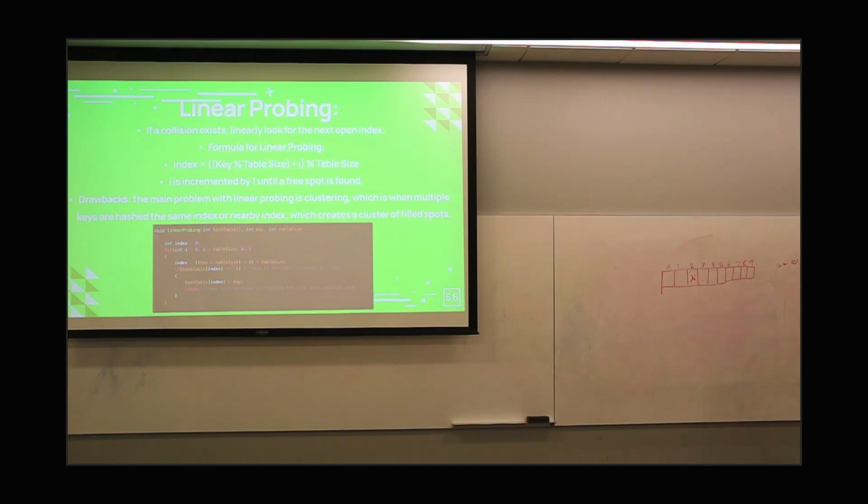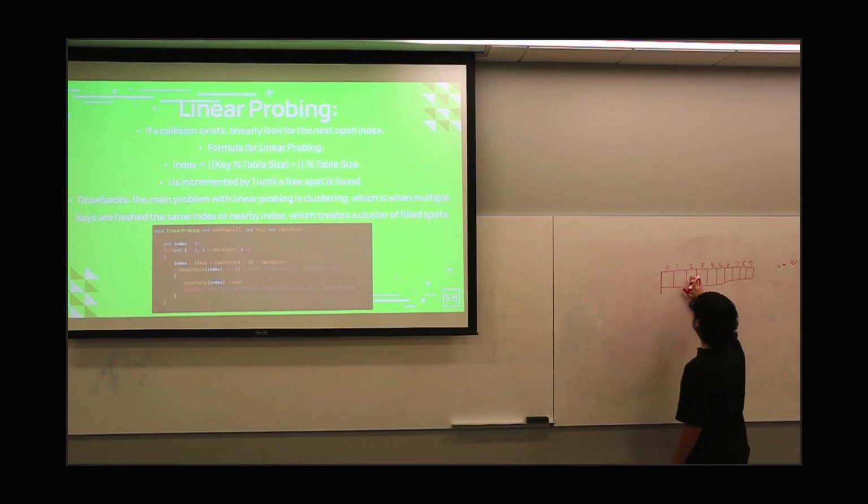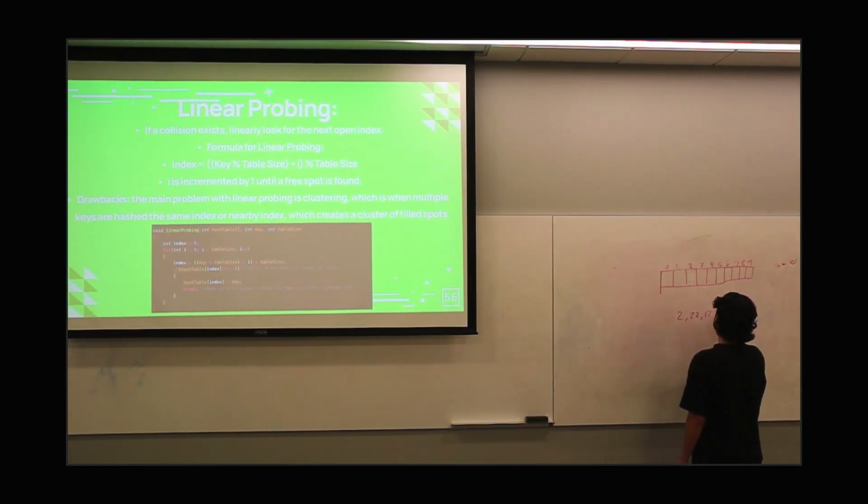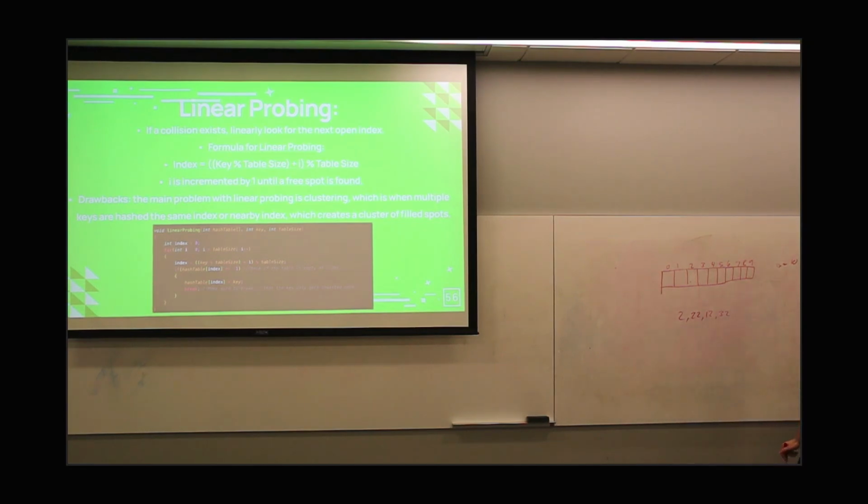So if we have the same example that we used, 2, 22, 12, and 32. Our first one, the remainder is going to be 2, so we can put it at 2. Then if we do it again for 22, we're going to have the remainder of 2, right? So we're going to have a collision at index 2.